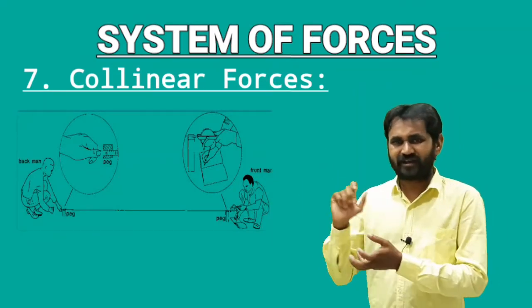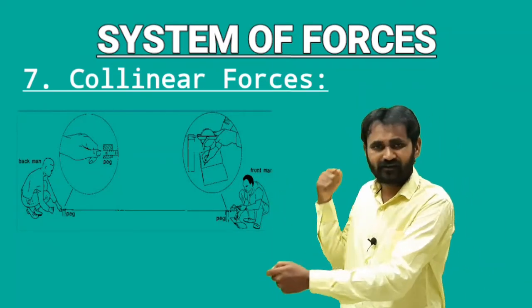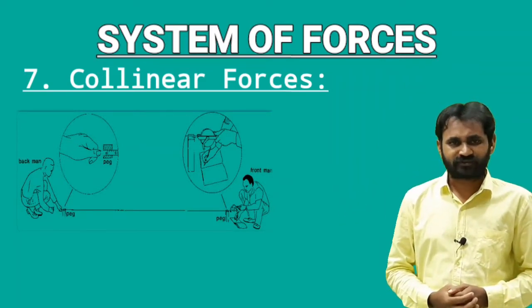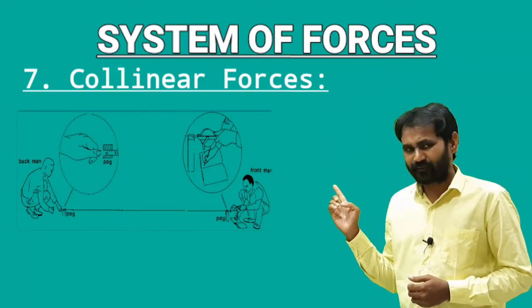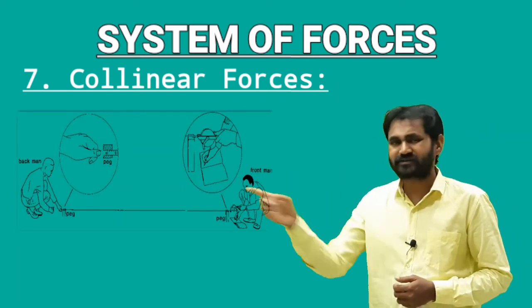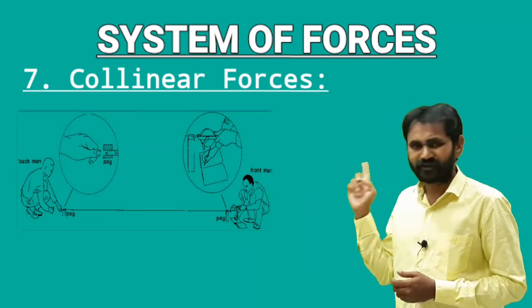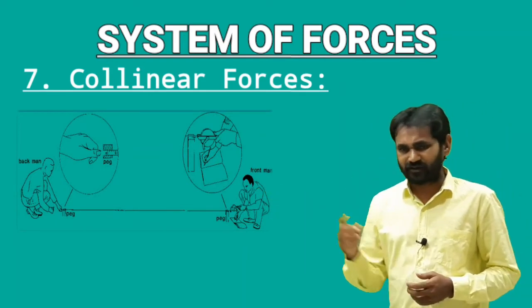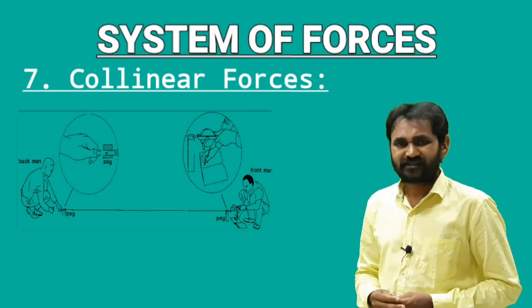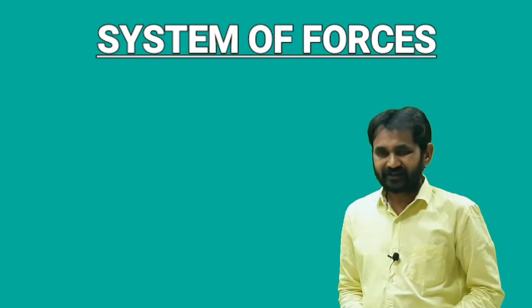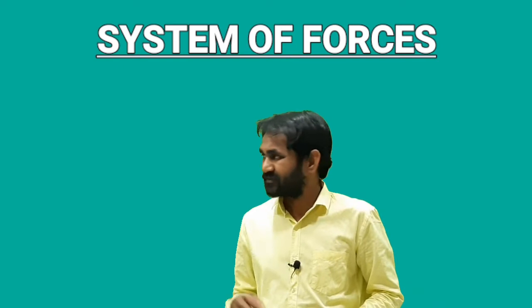This chain is linked with one another, so this tells us that this is a collinear force. When the force is acting at point A, the force is carried towards the last point too. So from A it is starting and it is moving. When you are moving a chain or dragging something else, this type of collinear force is going to act.